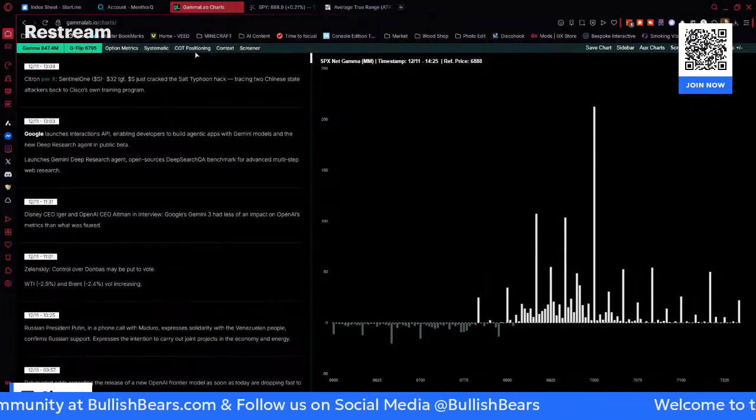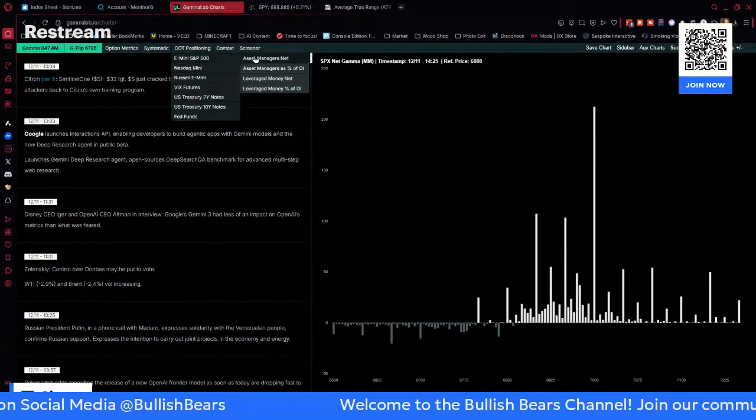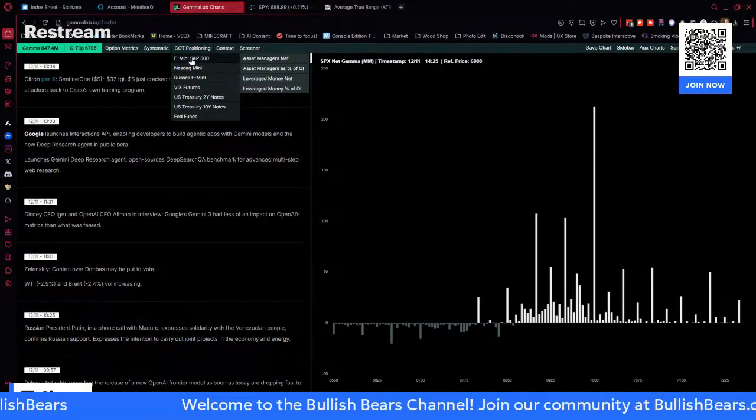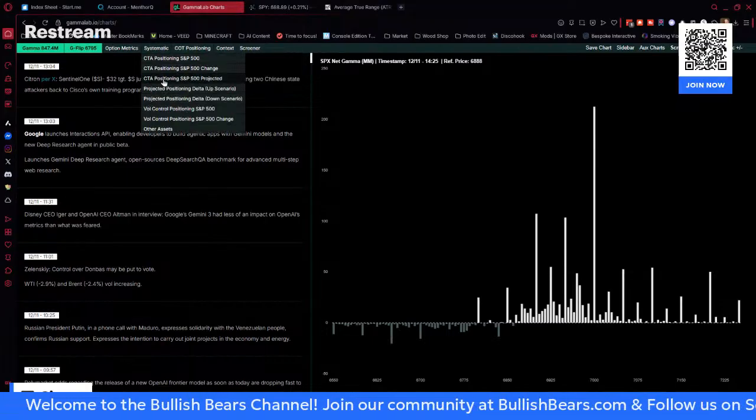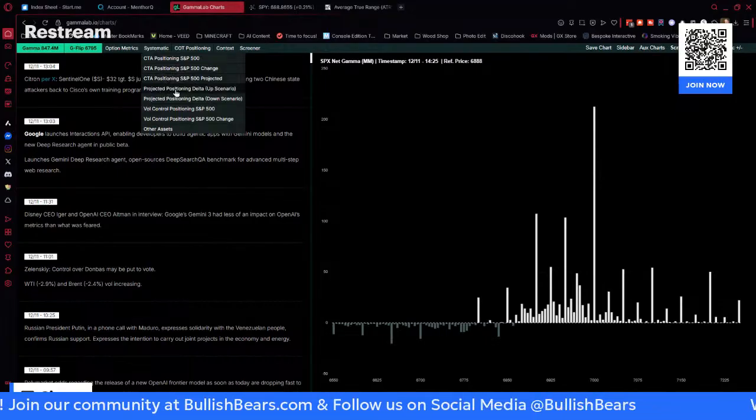The CTA positioning here, we can see the changes in the CTA positioning, or we can see the projections on CTA positioning, which is pretty cool. Here it is. Well, it's delta.